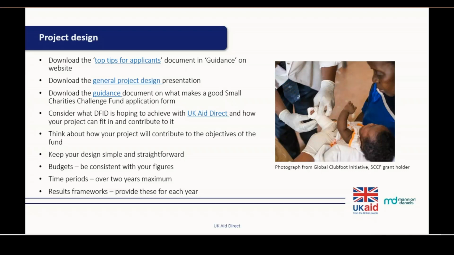Make sure your numbers align between your budget and your application form. This is something we often see applicants fall down on, where their budget lists one amount that they're applying for, and in the narrative of their application they state another amount. Make sure your figures make sense. Again, ensure your budget is realistic.